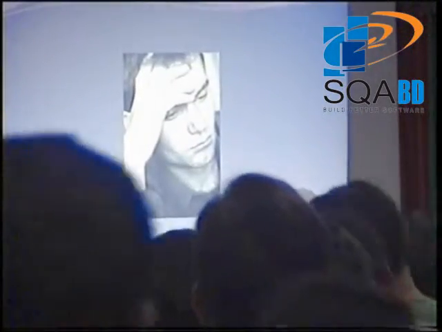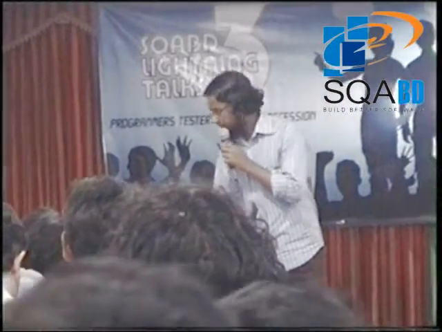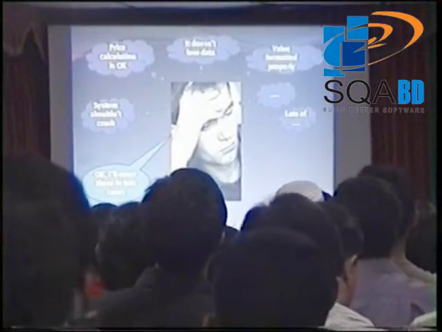But in the meantime, there are many questions for a tester and very many cloudy scenarios over his head. Such as, is the price calculation okay, does it lose data? So these are the questions hanging over the head of a tester. So he finally decides that okay, I will cover all those scenarios in my test cases.